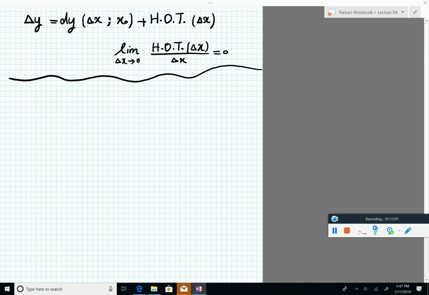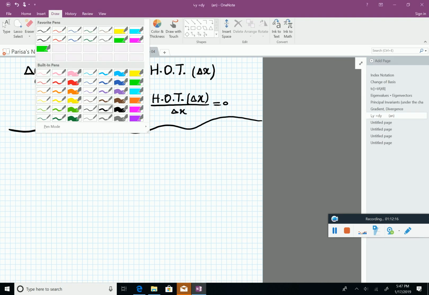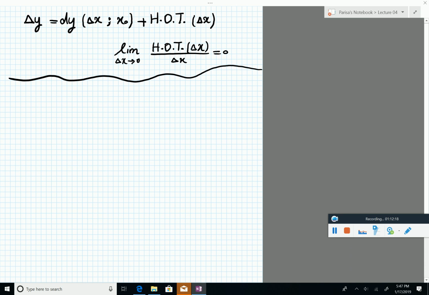We don't care much about these functions, but we care about other kinds of functions. For example, the real valued functions of points. So let's move to, we don't have much time, but we can start at least.